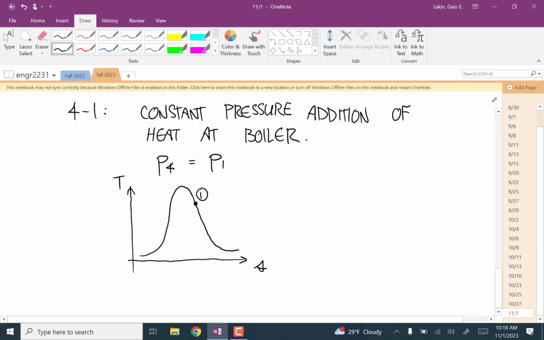Then state 2 is down here. So now it's come through the turbine. Notice that you can see that the entropy is constant over that process.